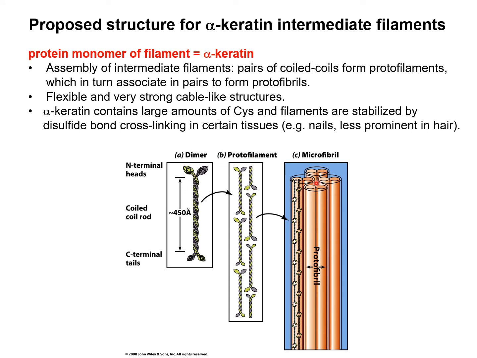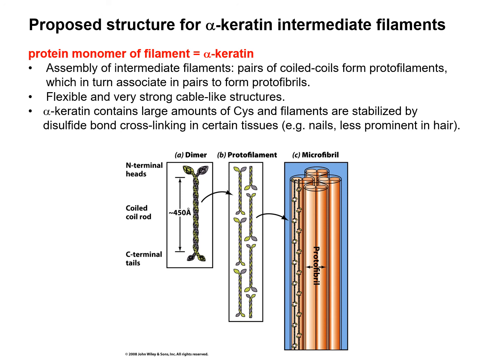And how it assembles is that starting from the monomer, the single right-handed alpha helix, alpha keratin, they make dimers to form the left-handed coiled coil structure. And pairs of these coiled coils form the protofilaments, as you can see here, and those get also bundled to form the protofibrils. So they are really flexible and very strong cable-like structures.